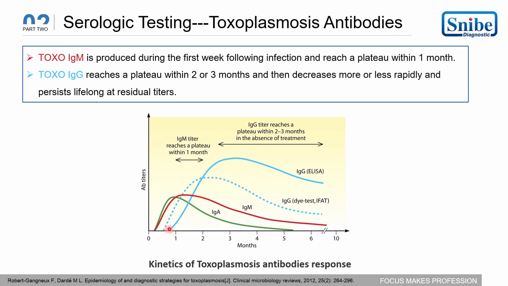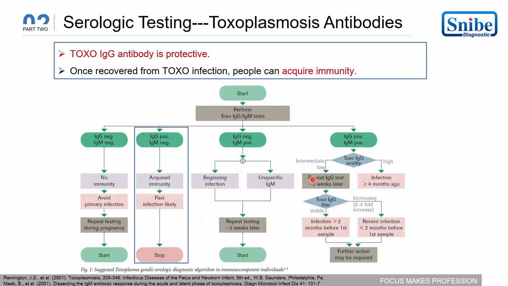The IgG reaches a plateau at the second or third month, and then decreases more or less rapidly and persists lifelong as a residual titer. So these are markers that help to check the current status of exposure of the pregnant woman and the fetus to the Toxoplasma protozoan.